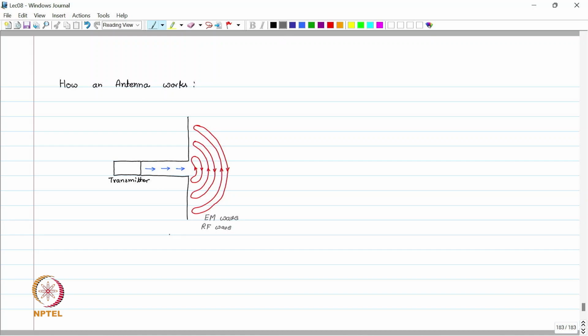And this part is called the antenna, which causes this conversion of electrical signal into an RF signal, or electrical energy to RF energy or electromagnetic energy. This part is the antenna. And this is the transmitting antenna.